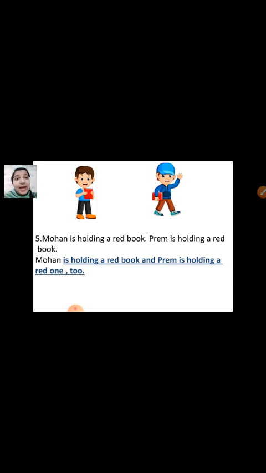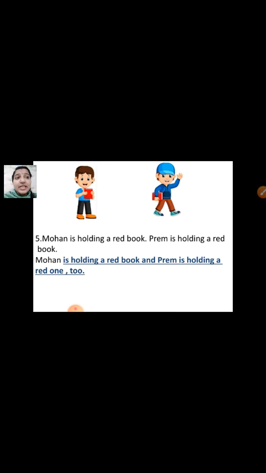You are going to add and here to connect the sentence. Prem is holding a red one. You are not going to repeat the object again. Book, you will not repeat. Okay? Red one, comma too, T-O-O too, full stop. Okay, students?